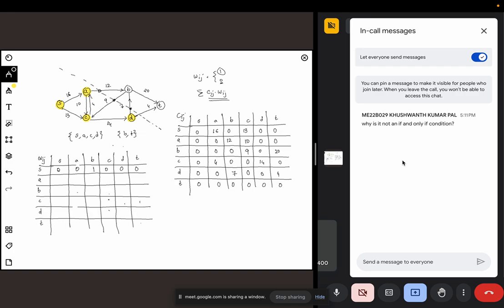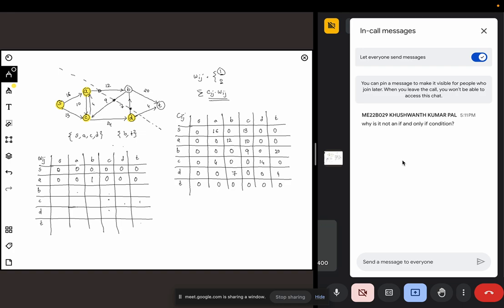A to S, A to A, A to B, A to C, both are in the same set. A to B, no connection. A to T, no connection. Both are in the same set. So this Wij will be one only if they are in different sets. The connection should be between different colors.